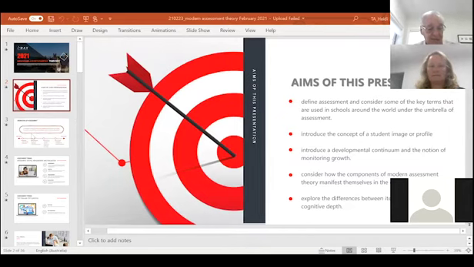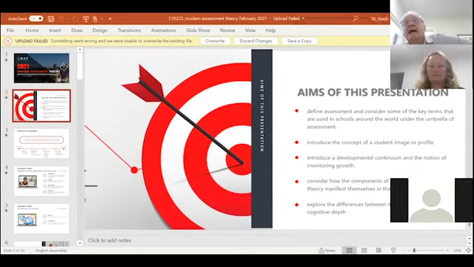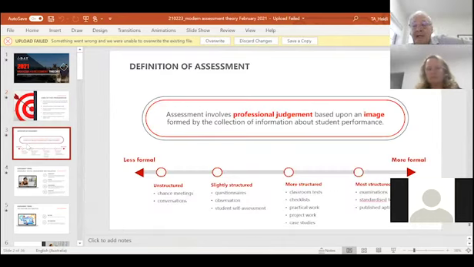So I'm going to start with the definition of assessment, and then work from there to talk to you about how this might play out in your daily work and in the way you use examinations and tests. It took us a long time to come up with this definition, and it's quite an interesting exercise.